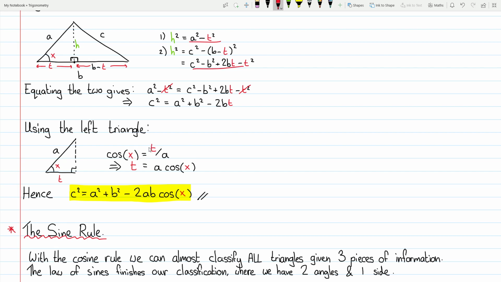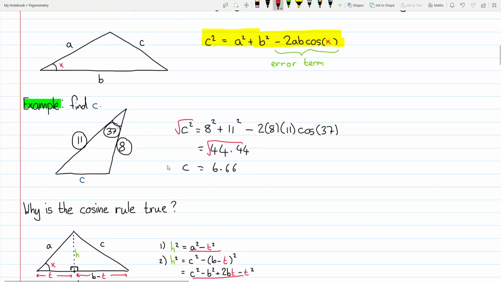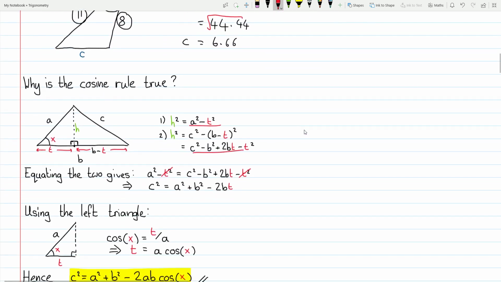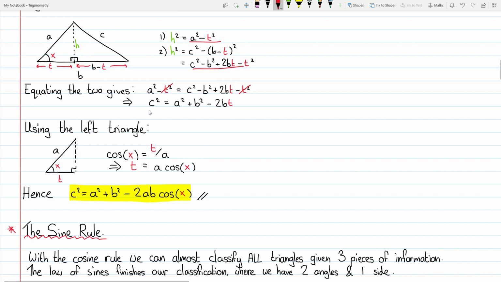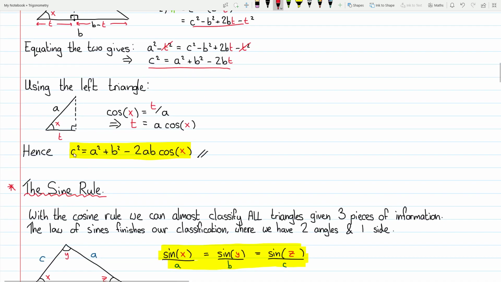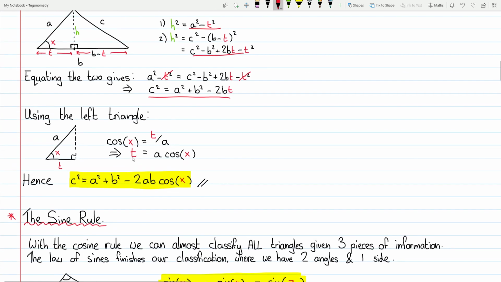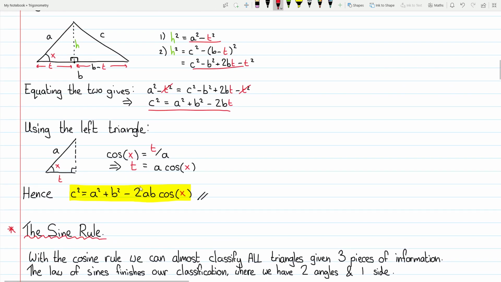Cosine is equal to the adjacent divided by the hypotenuse. t is our adjacent, a is our hypotenuse. And so we can solve for t. t is equal to a times cosine of x, which matches up here. And so when we plug this into our expression here, we get this expression. We get the cosine rule. We get this generalization of the Pythagorean theorem.